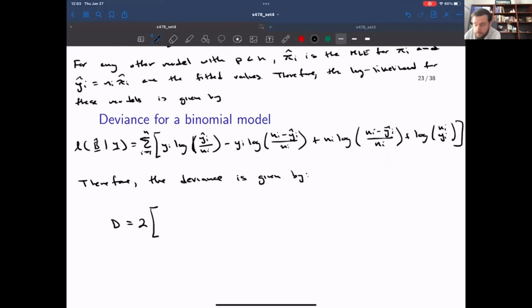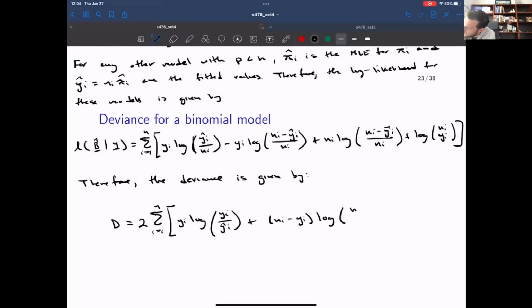So this is going to give us 2 times the sum from i equals 1 to n of y_i log y_i over y_i hat plus n_i minus y_i log n_i minus y_i over n_i minus y_i hat.